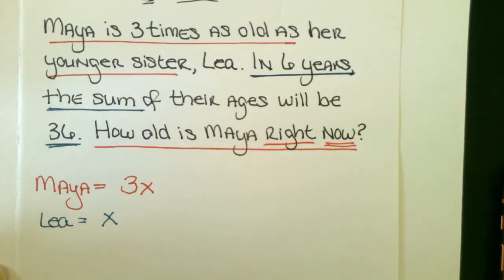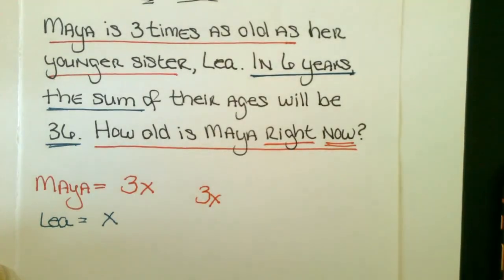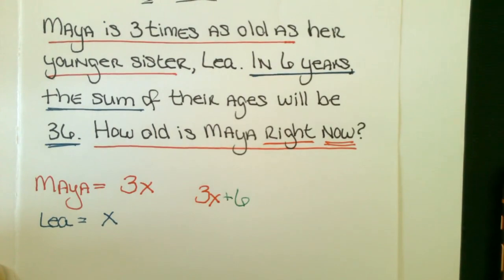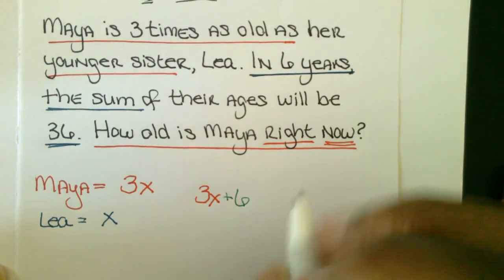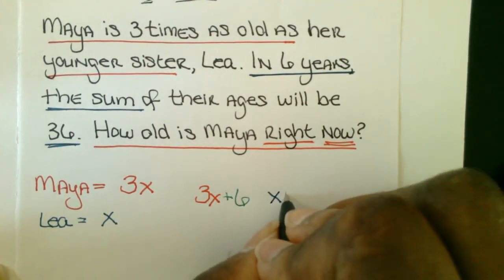So that means if I take Maya, which is 3x, I'm going to add 6 years to her. And if I take Leah, which is x, I'm going to add 6 years to her as well.